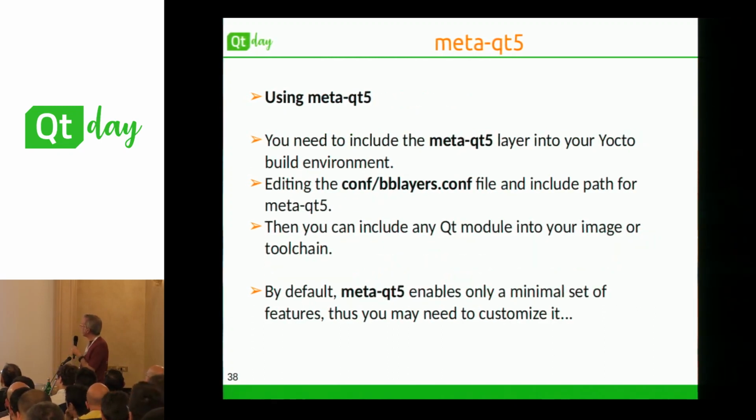But as soon as you have downloaded the meta-qt5, you need to update the bblayers.conf, which is a typical configuration file of the Yocto project. You need to add this layer to the system. In this way, BitBake will know that you have added the meta-qt5, and you can start customizing it.